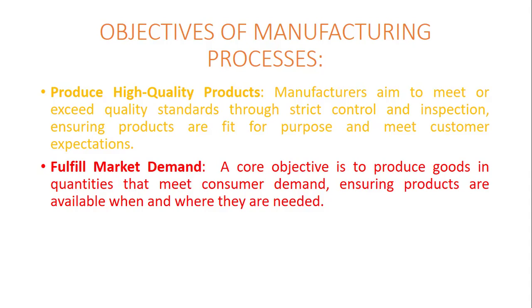The first and foremost manufacturer's aim is to meet the quality standards through strict rigorous control and inspection, confirming whether the products are fit for the purpose in order to meet the customer requirements.